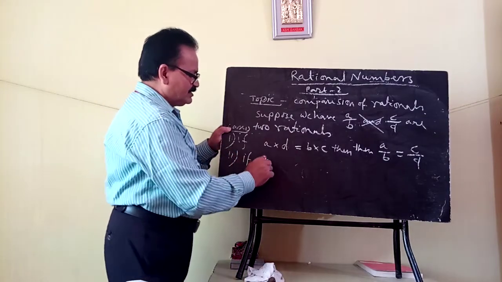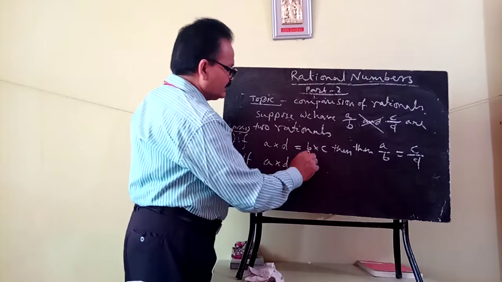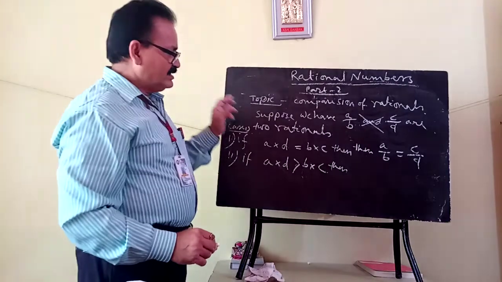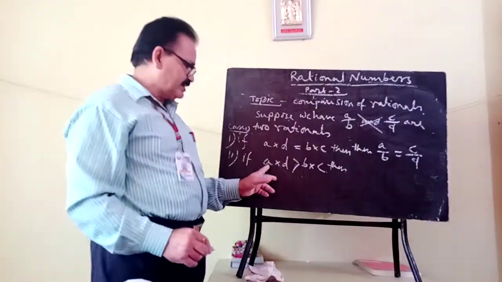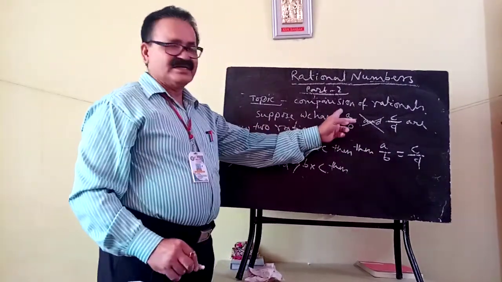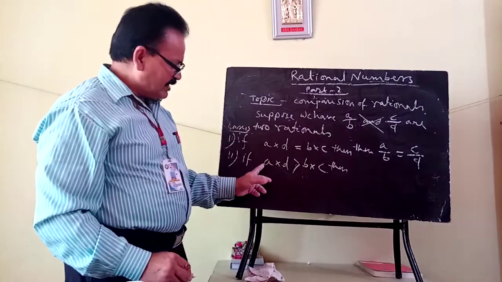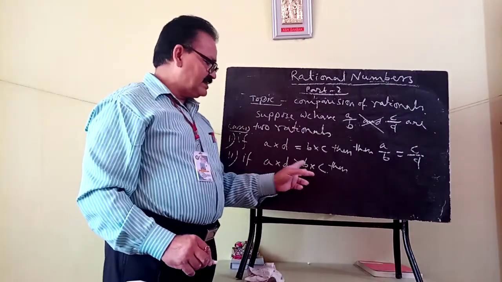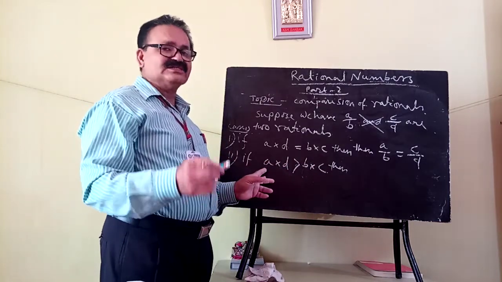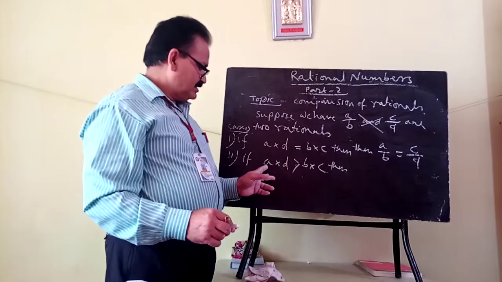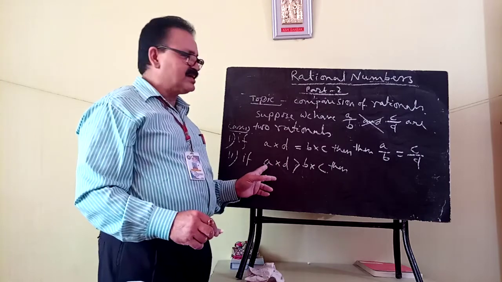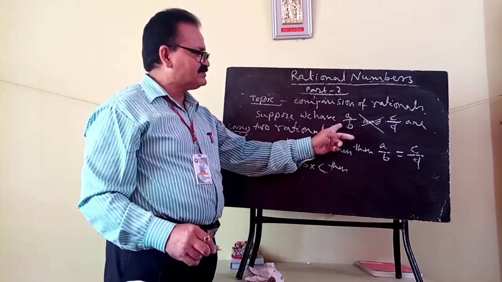Similarly, if the product of A and D is greater than B and C, then what will happen? In this case, you have to observe in between A and D which one is the numerator. Here A is the numerator, and it comes from the first rational.